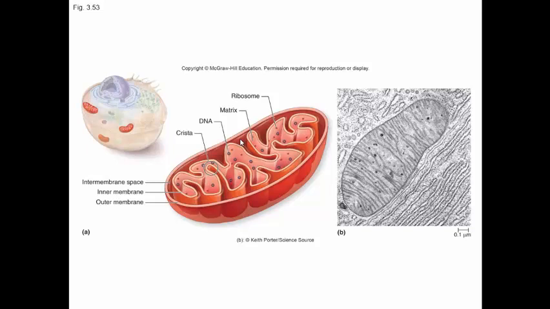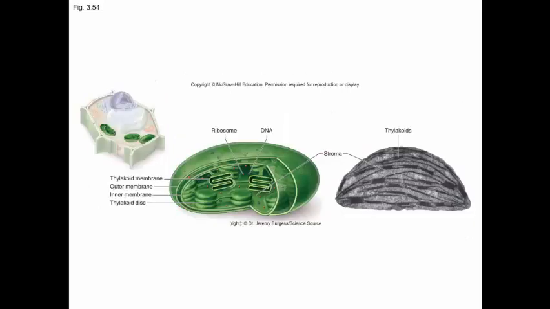What chloroplasts do is use energy from the sun to convert carbon dioxide and water to glucose and oxygen. The cells then use the glucose for food energy. And interestingly enough, this is what you see: these thylakoid discs.